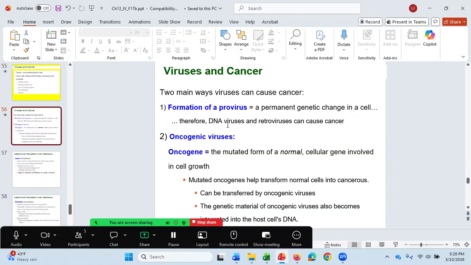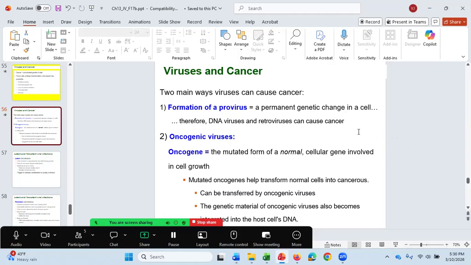When the provirus integrates into the genome of your cell, it permanently changes the genetic material of that cell. And the DNA virus can actually go inside of a gene and mutate it or turn the gene off. And that would be important if that was a tumor suppressor gene the virus turned off. A tumor suppressor gene is a gene that suppresses the formation of cancer.